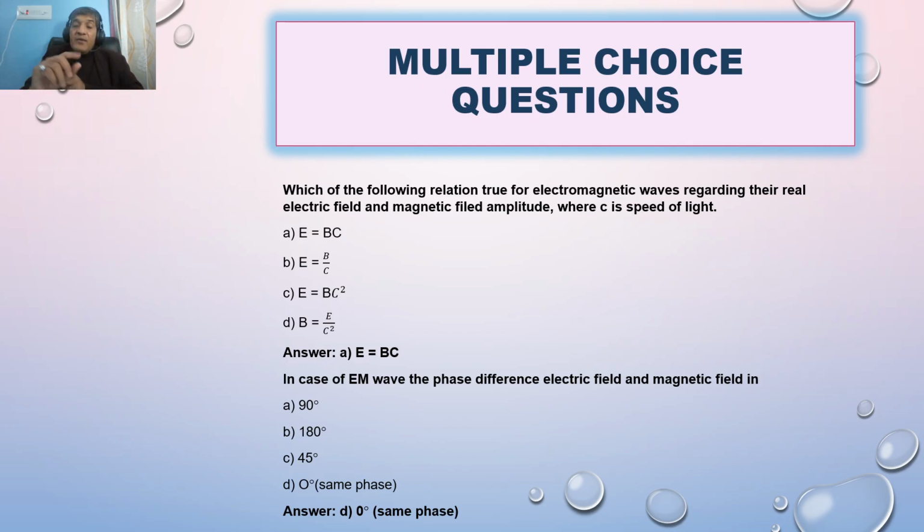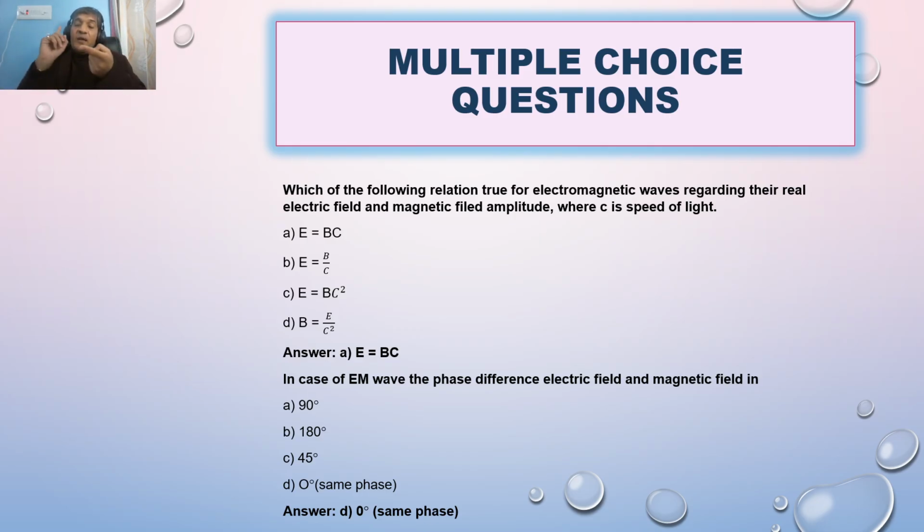So if the question clearly says electromagnetic wave in free space, the answer is zero phase difference, or same phase. But if the electromagnetic wave is in a conductor medium, we have a 45-degree phase difference between electric field and magnetic field. The other condition, that they are perpendicular to each other, remains intact.